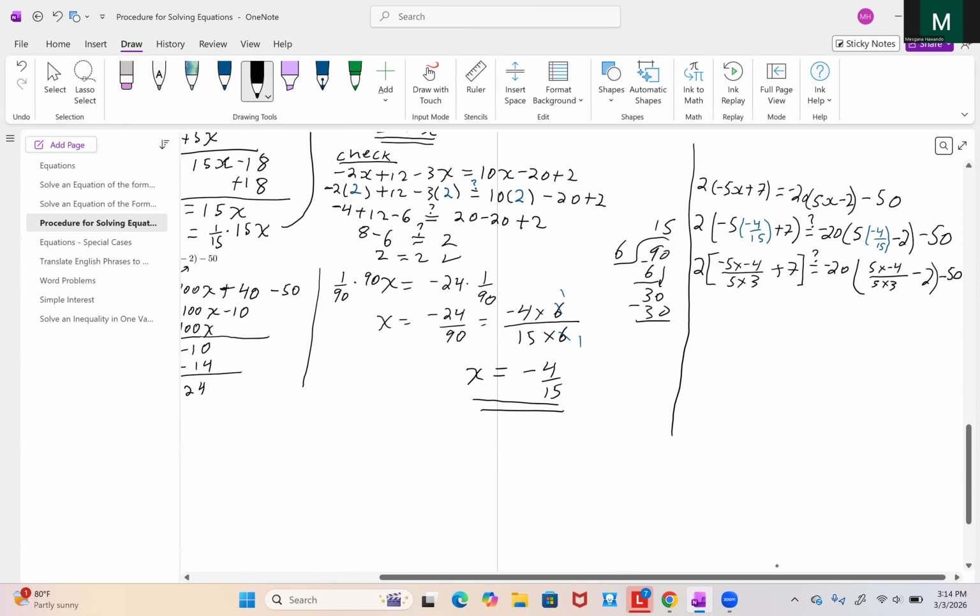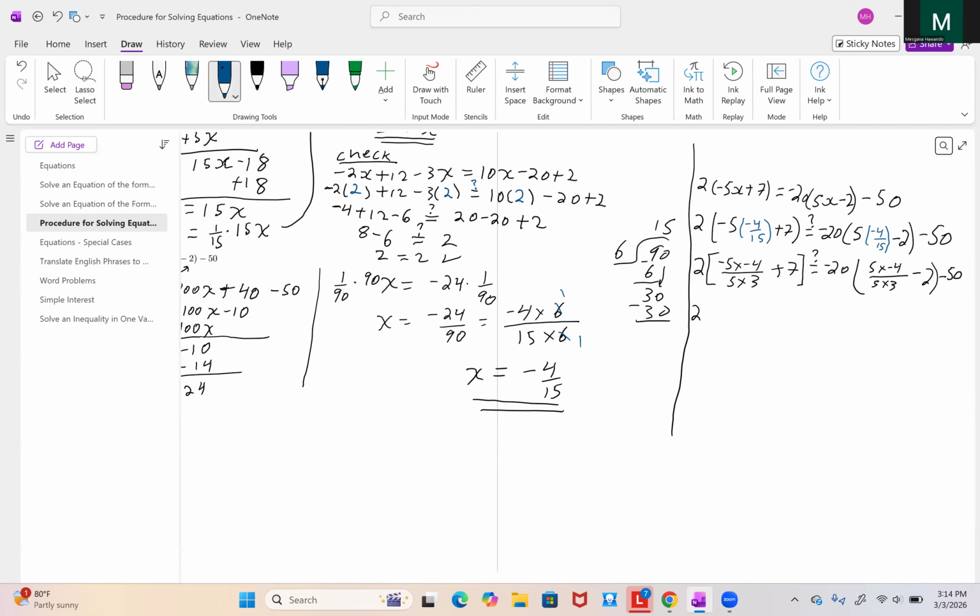This here is equal to 2 times, dividing by 5 is negative 1, by 5 is 1, and the same, by 5, 1. So we have negative 1 times negative 4 is 4. So we have 4 over 3 plus 7 is equal to, question mark, minus 20 times negative 4 times 1 is negative 4 over 1 times 3, which is 3, minus 2, minus 50.